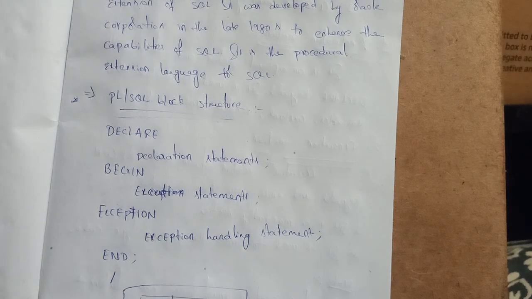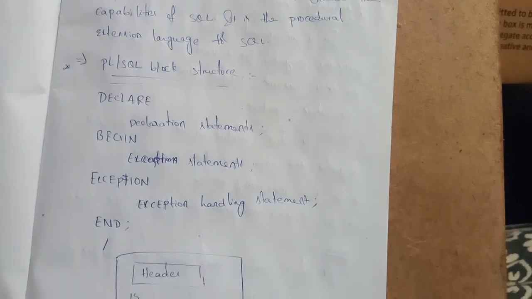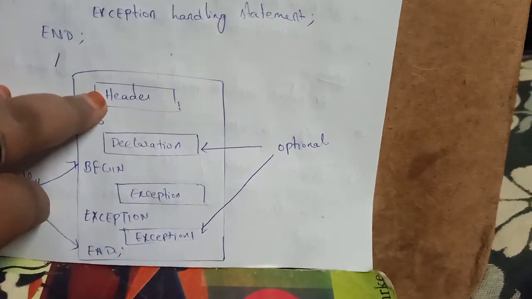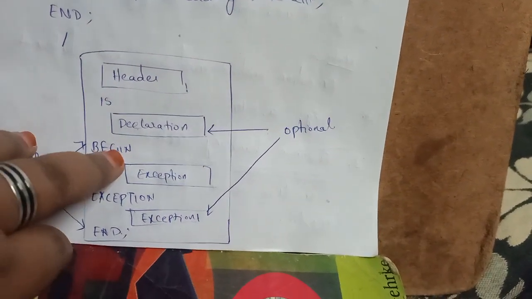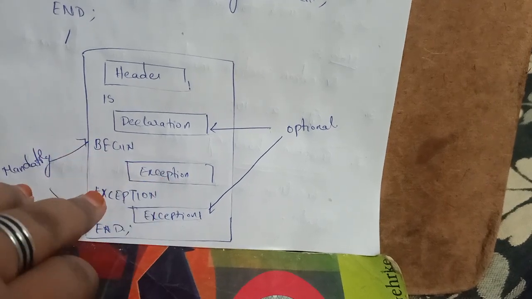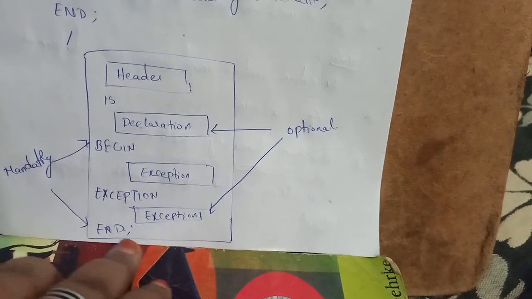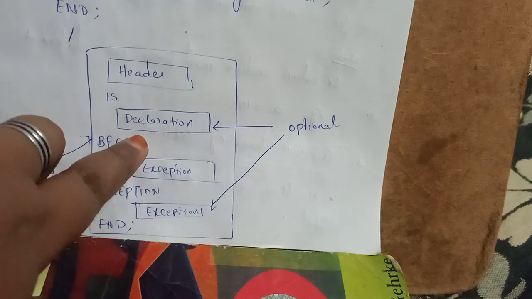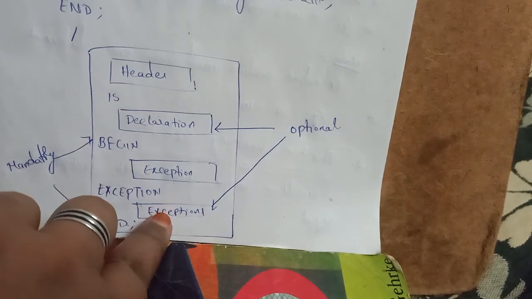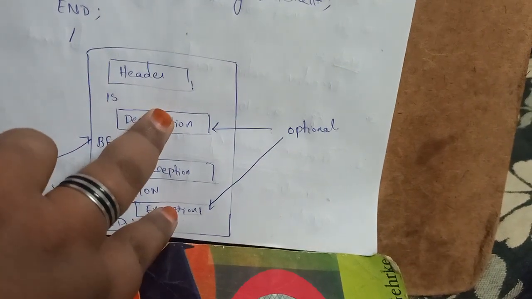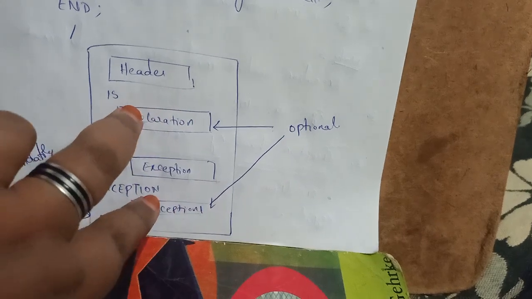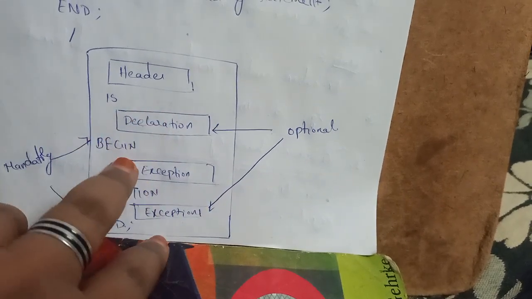This is the slash. Let's come to how the block structure is written. This is the block: the header is declaration, begin, exception block, and end. Declaration and exception are optional. No need to worry about declaration; we can declare in begin as well.